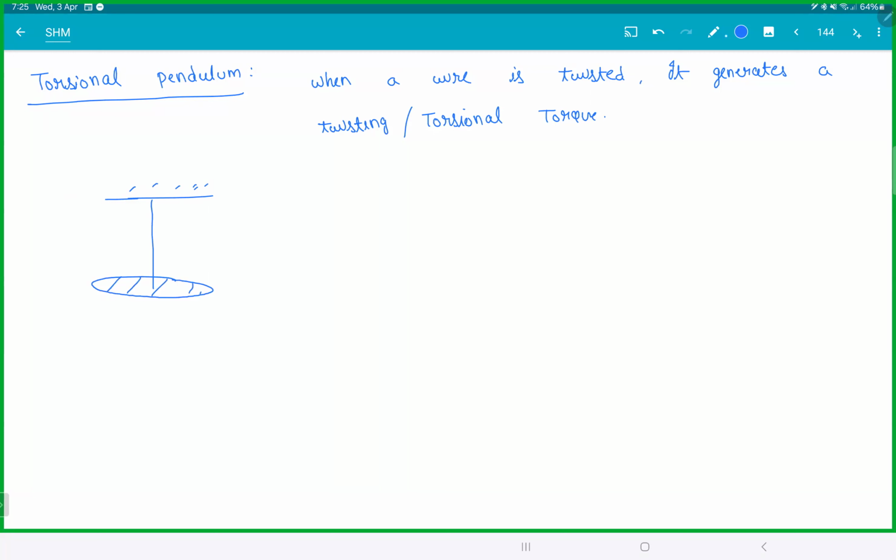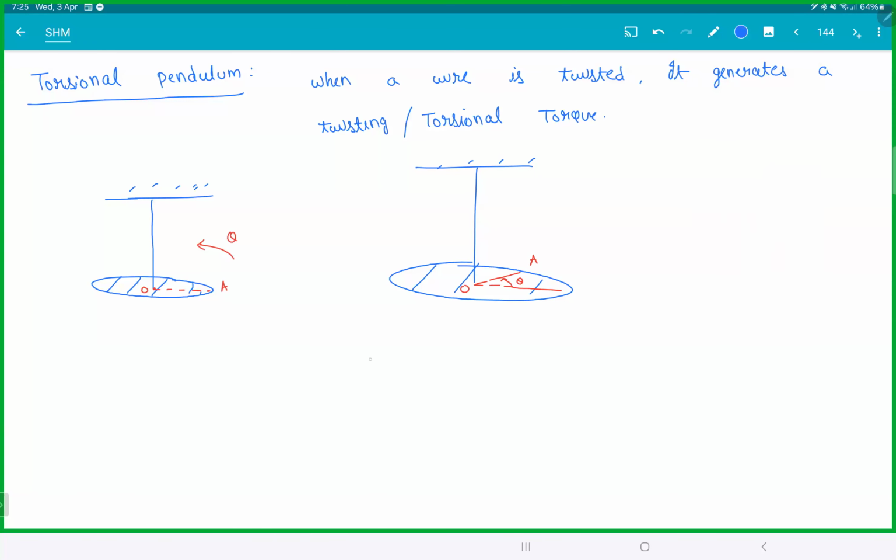So if you have a disk like this, let's say this is O, this is A. If you twist this by theta, this is O, A becomes like this, meaning this thing got twisted by theta.